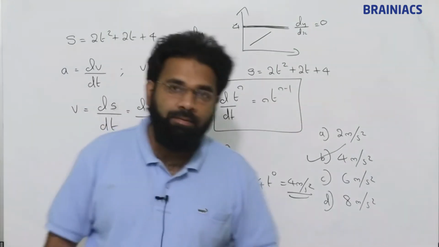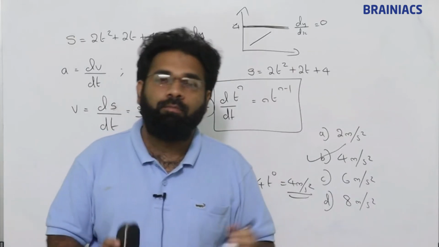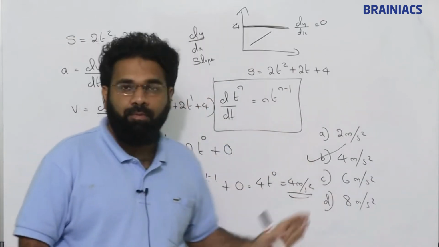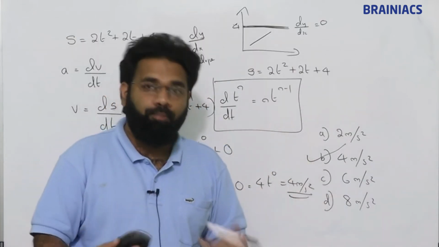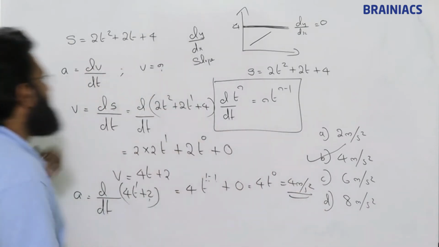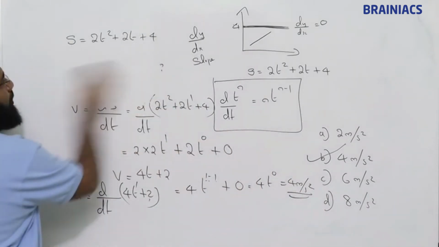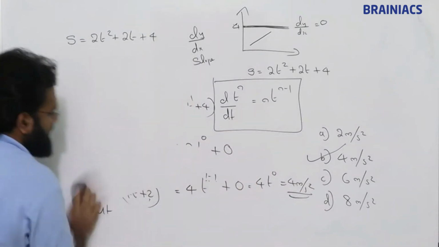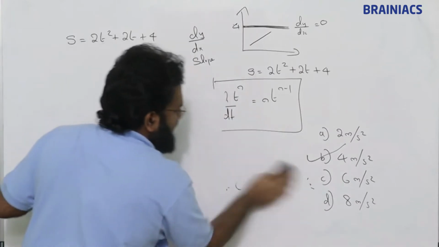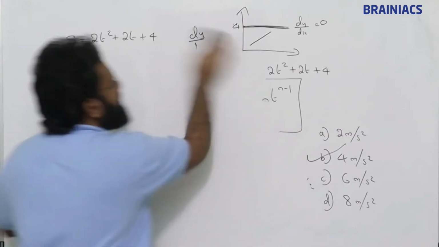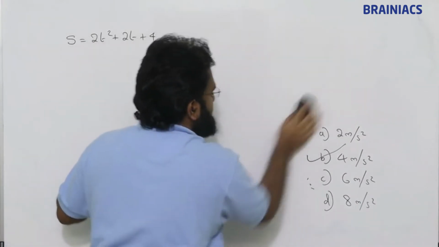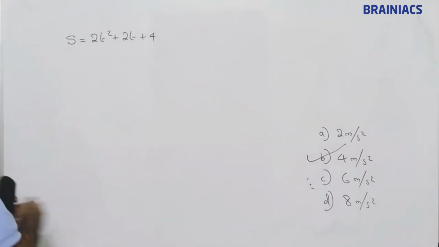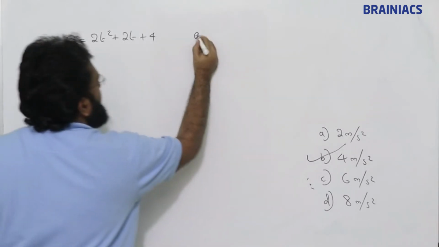Note down. This is the question. Now I have done step by step. Now how you should approach when you get a question like this, you should be able to do differentiation directly. Question is acceleration, right?